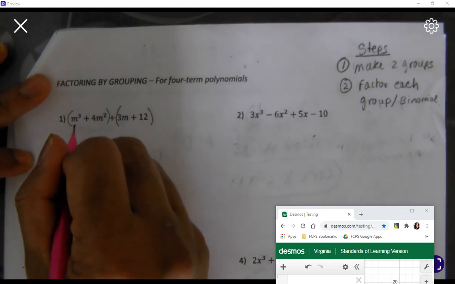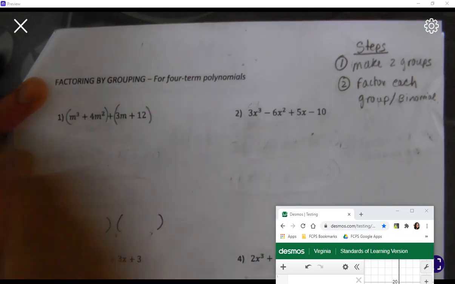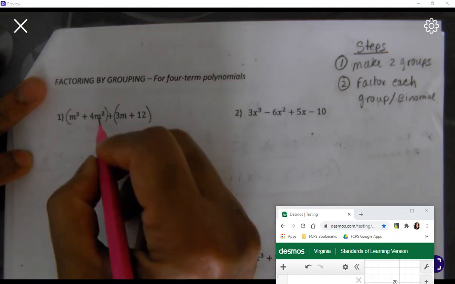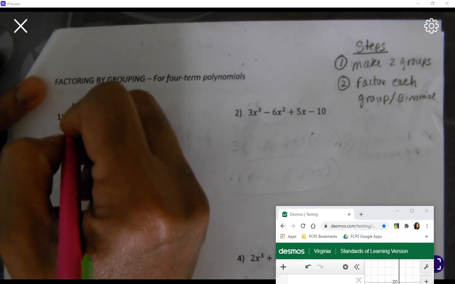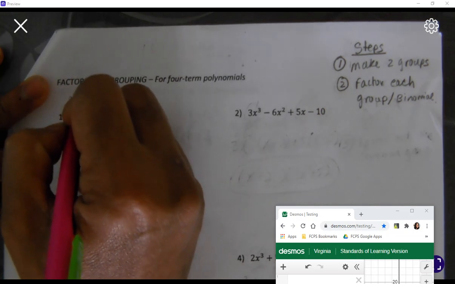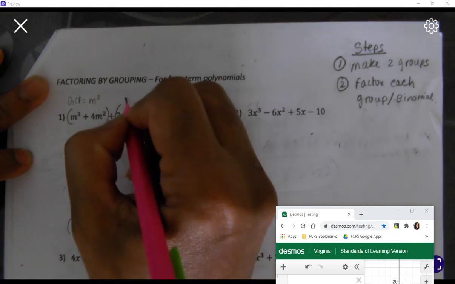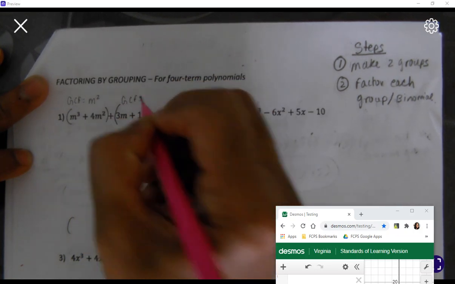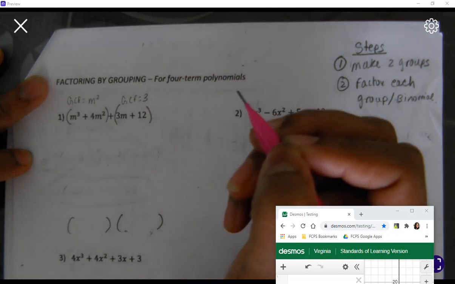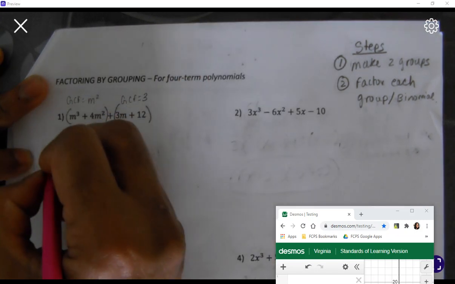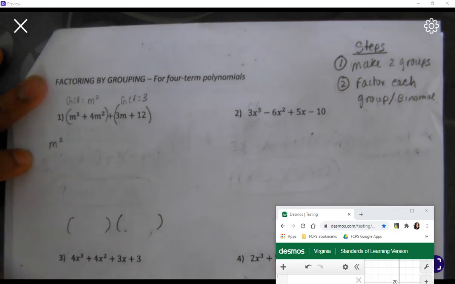This is m cubed plus 4m squared. We see that there's an m squared I can factor out here, so there's a greatest common factor of m squared. And in this binomial, there's a greatest common factor of 3 and 12. I think 3 goes into both of them. I'm going to put the greatest common factor out in the front, so m squared.